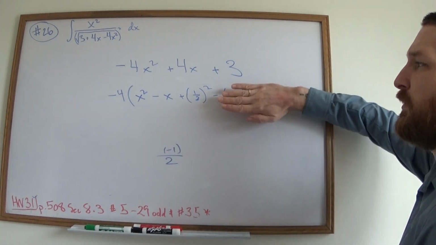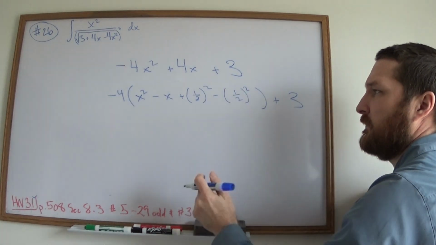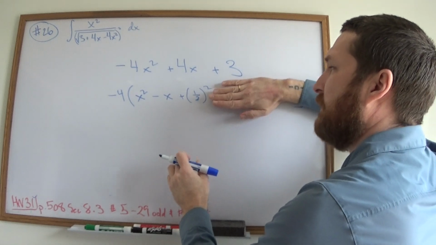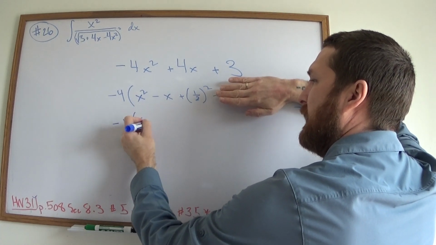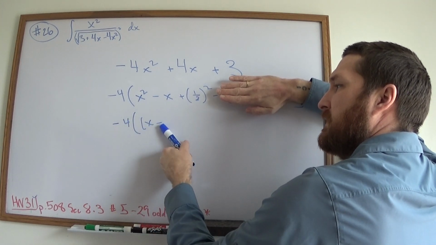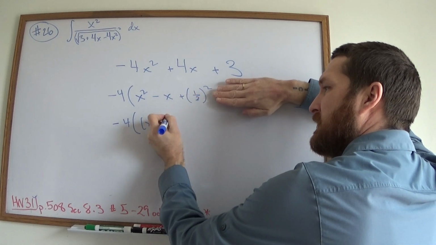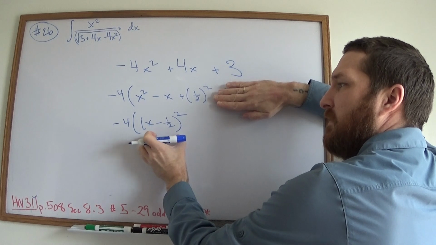Why? Because that makes a perfect square right there. That thing right there is itself a square, a polynomial squared. And it's x, that sign is minus, so we do a minus there. And then whatever that is, what this is, and it's squared. I'm just going to double check that part right there.